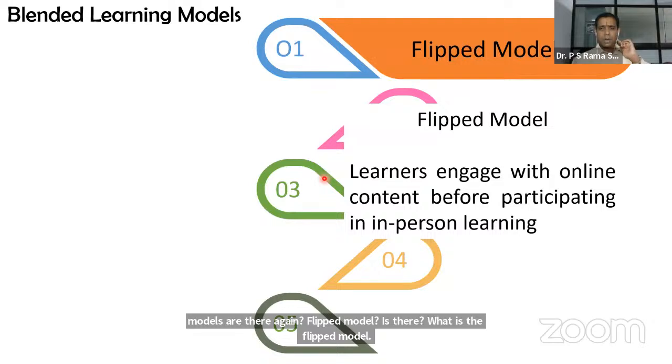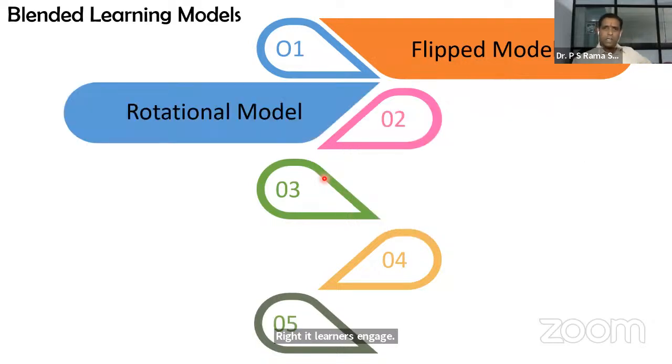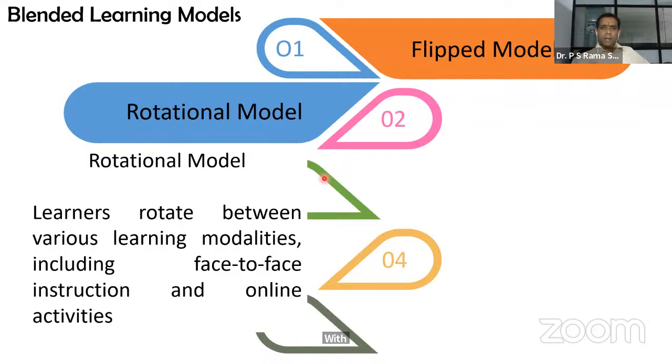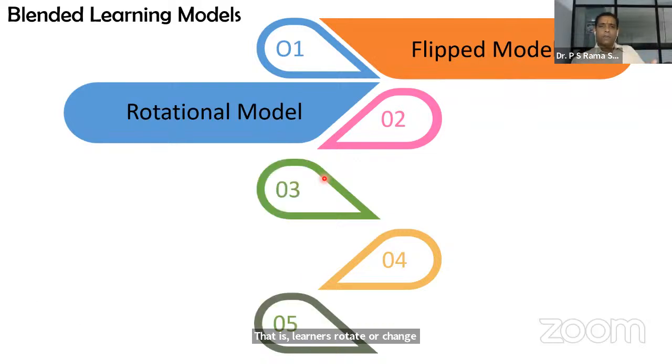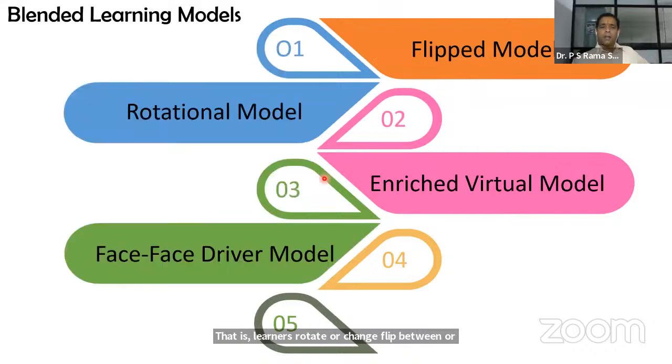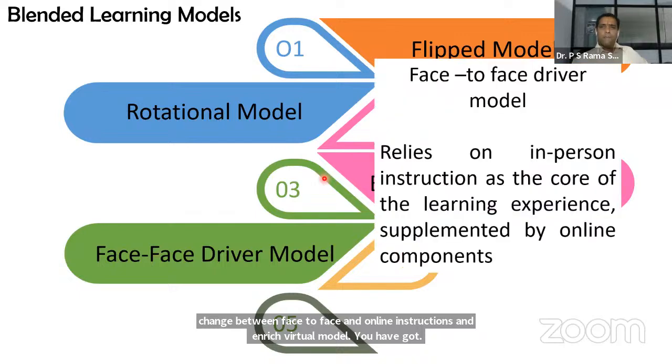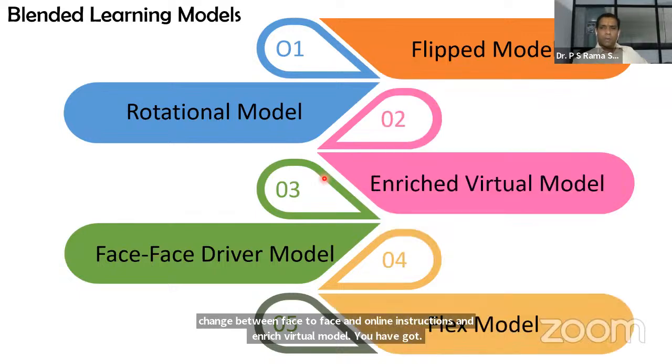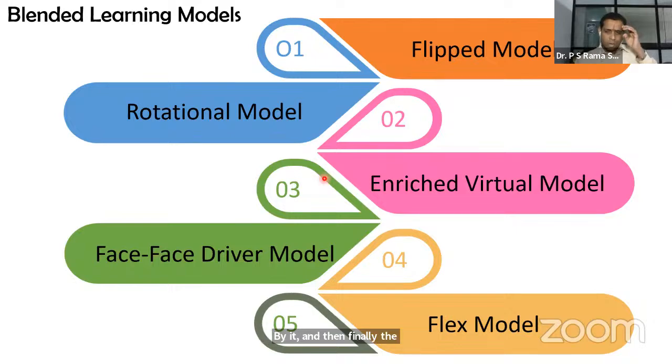Learners engage with online content before participation, and then you have the rotational model, right? That is, learners rotate or flip between face-to-face and online instruction. Then you have the enriched virtual model, right? Then the face-to-face driver model, right? And then finally the flex models. I don't want to go into the details of all these models. Time already 1:15 we have reached.